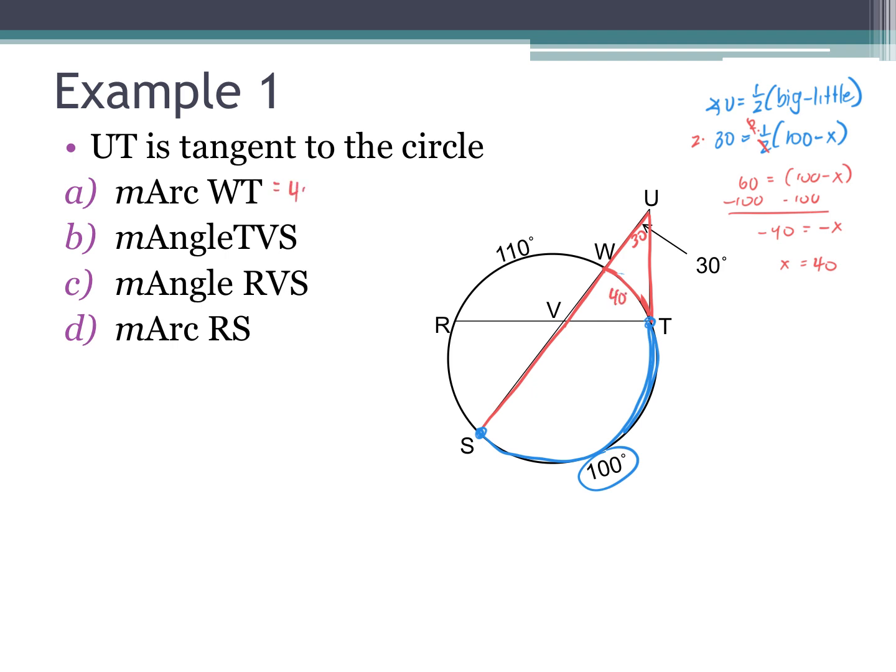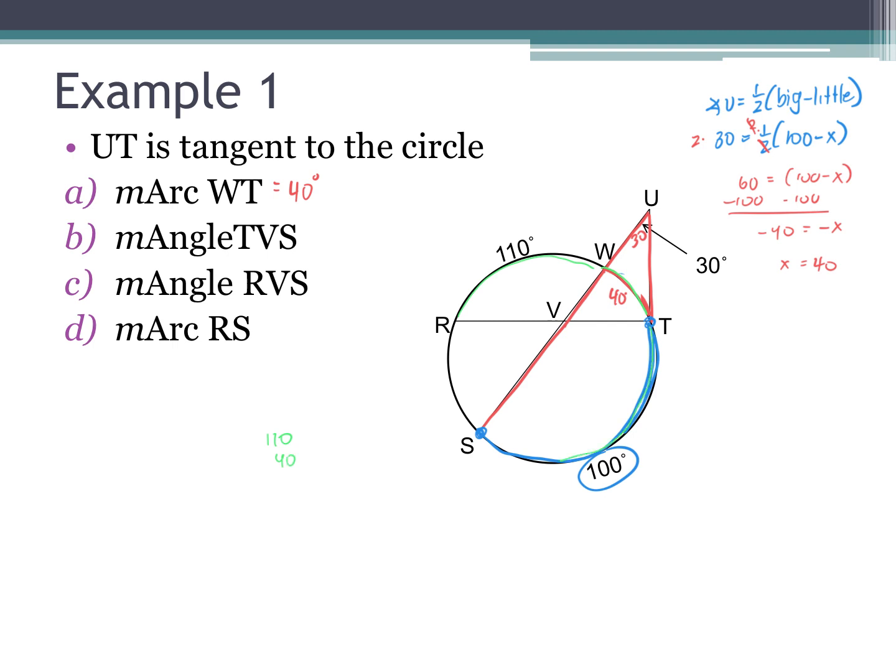So that is a good start to this problem. Now the second thing is, and this is just a habit that I do, if I already have 3 of the 4 arcs, I know all the arcs have to add up to 360 degrees. So this arc is 110 degrees. Then I've got 40 degrees.